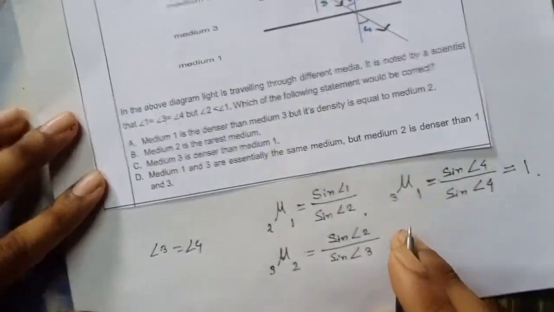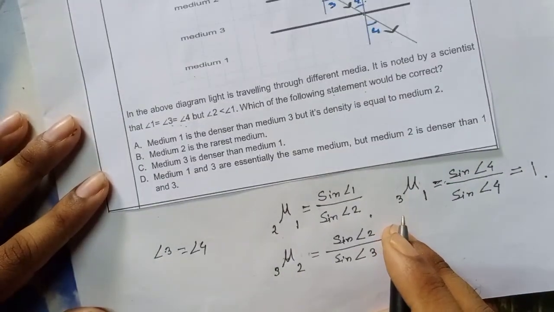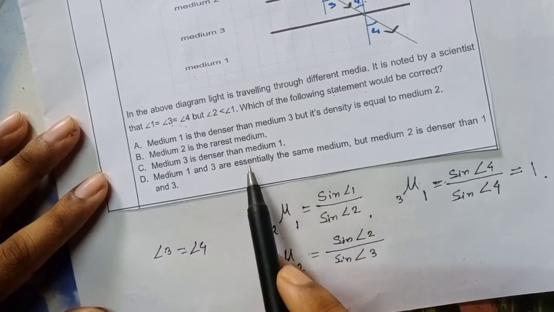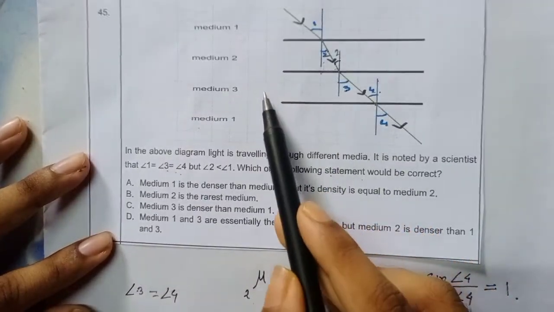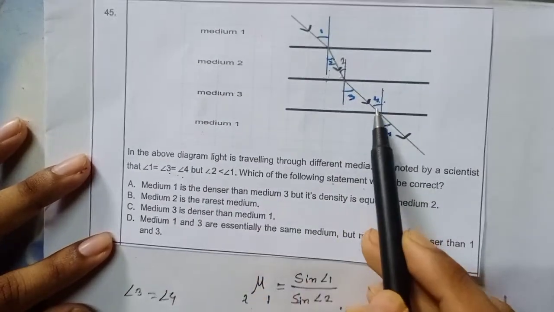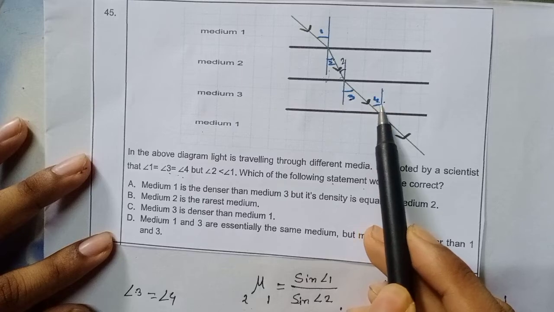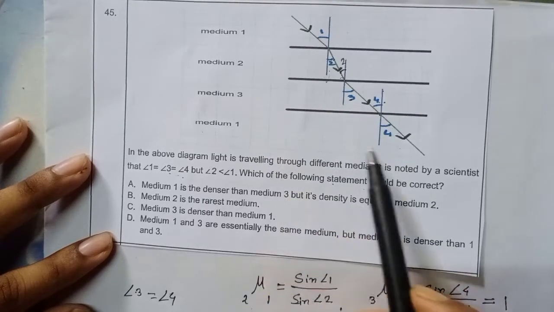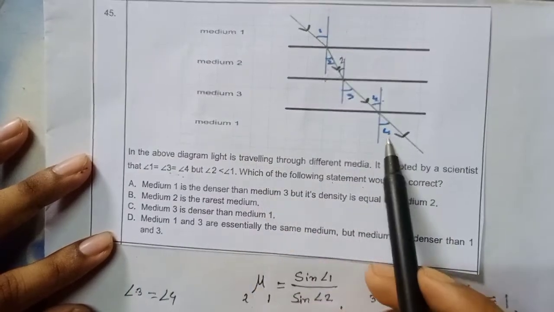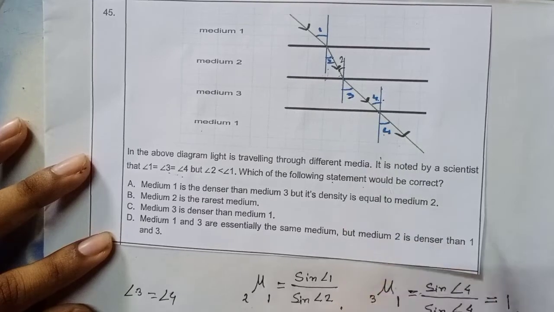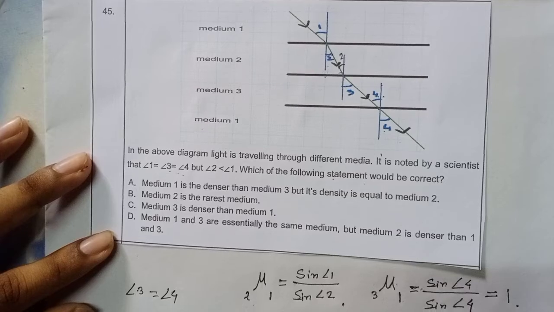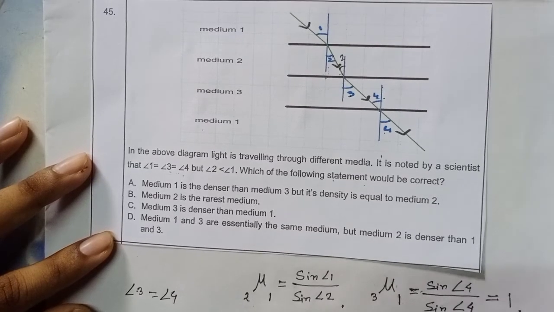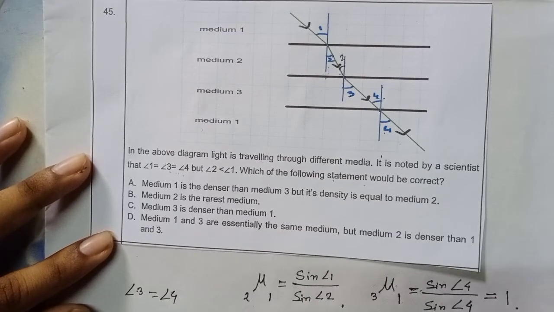Now statement 1. Here you can see that the angle of incidence in medium 3 and the angle of refraction in medium 1 is 4, so they both are equal, so we can conclude that medium 3 and medium 1 are the same.